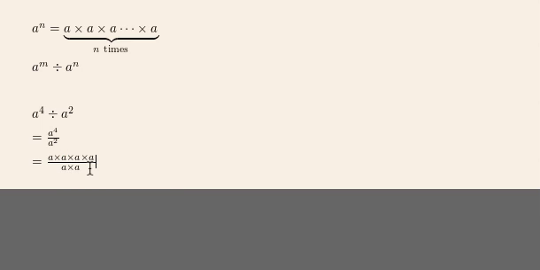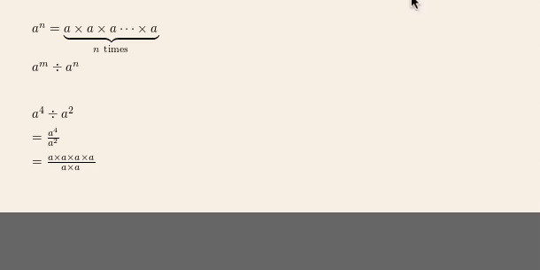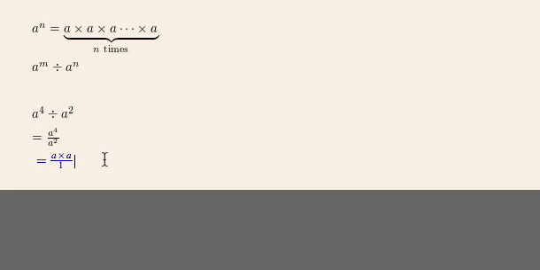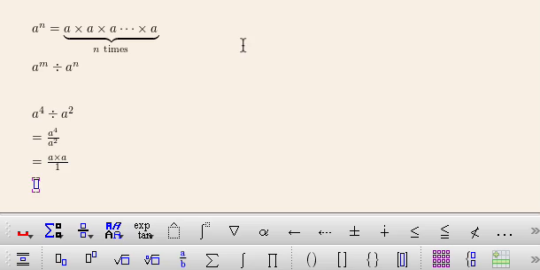Well, we can simplify this fraction by cancelling the top and the bottom. So cancelling 2 a's from the bottom and 2 a's from the top, we get a times a divided by 1. So this is in fact just a squared.